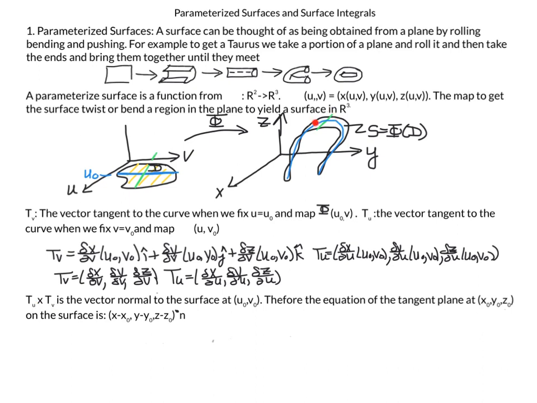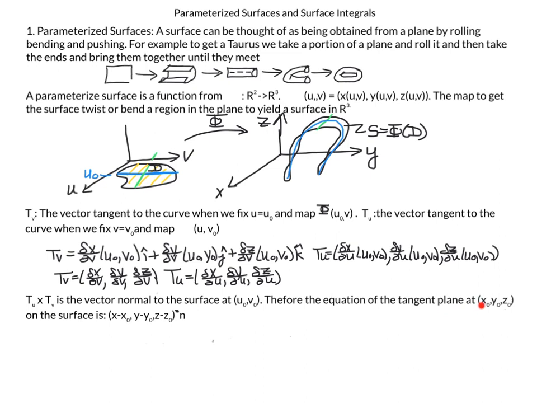And since these two vectors are on the surface, then right at the intersection u naught, v naught, there's this plane that's tangent, and Tu cross Tv will be normal to that surface since Tu cross Tv is perpendicular to both Tu and Tv.